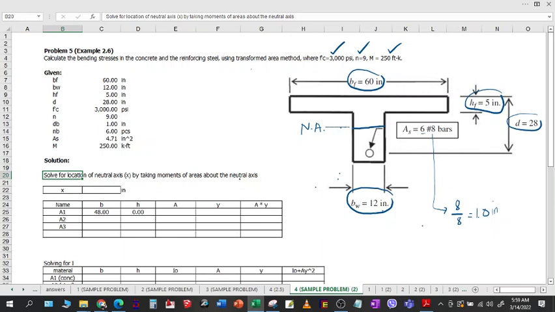Alright, here. So I will divide my concrete area into 2. First, this area here. Let me shade it. First, let me just have this flange here.